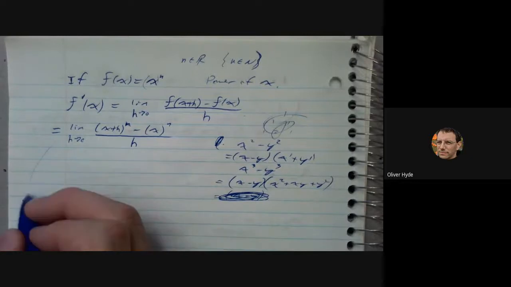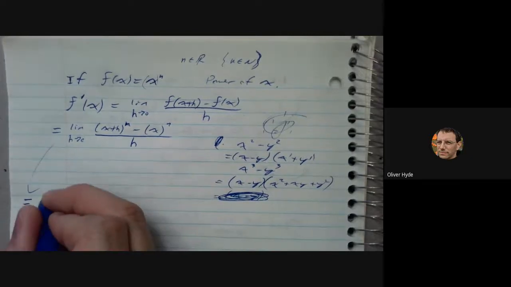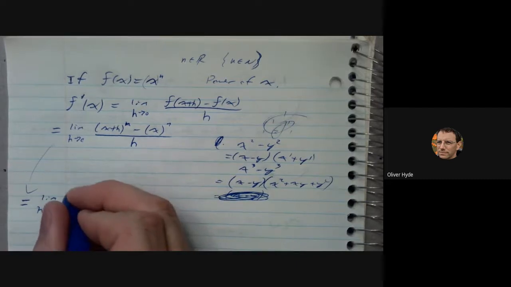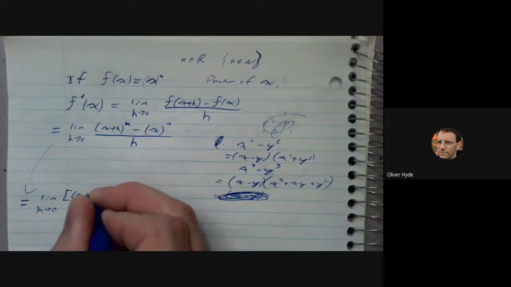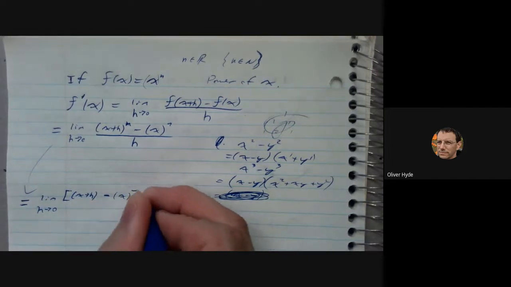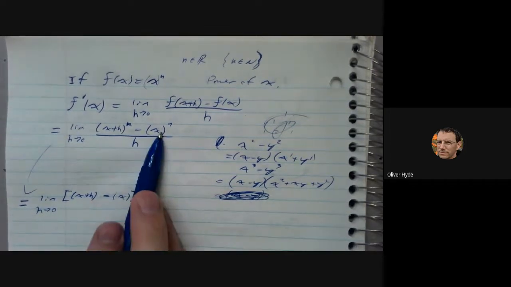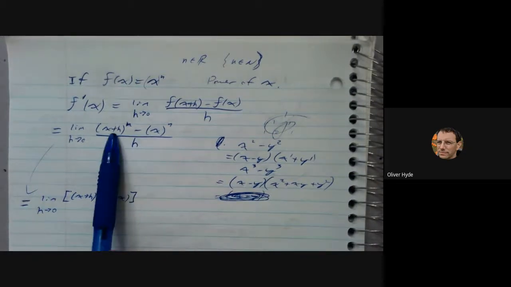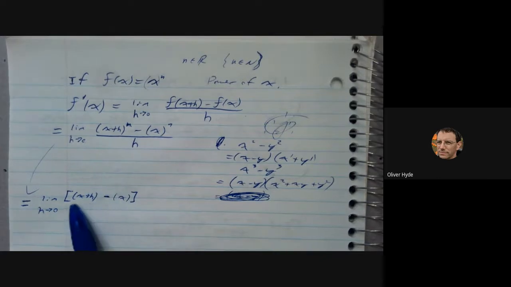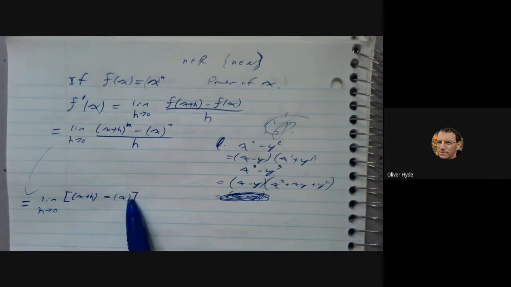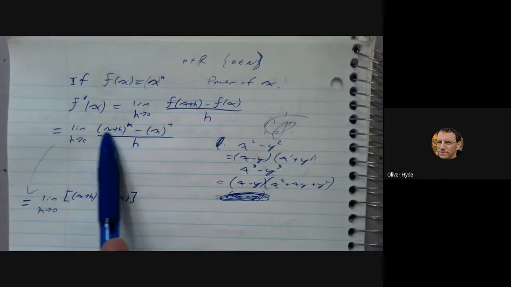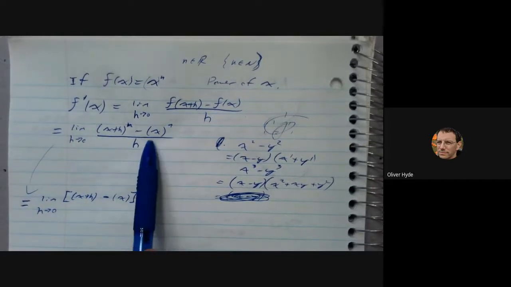I'm going to need a lot more space here. So what I'm going to do is factor this as a difference of n's. I could also use the factor theorem or remainder theorem argument here: if you've got x plus h to the exponent n minus x to the exponent n, notice that if x plus h is equal to x, then this difference is going to be 0.